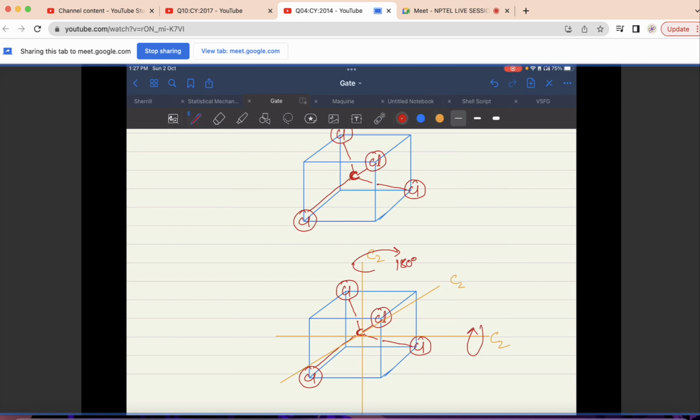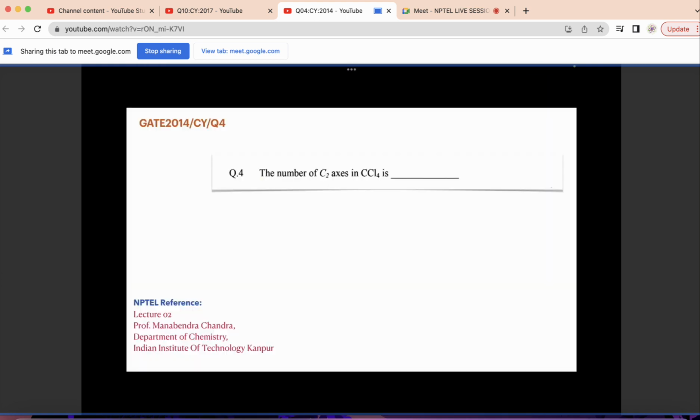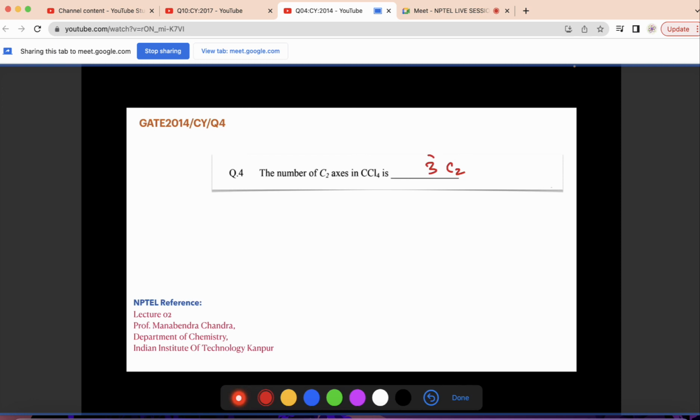So in total we have seen that we have 3 C2s, and so the answer is 3.